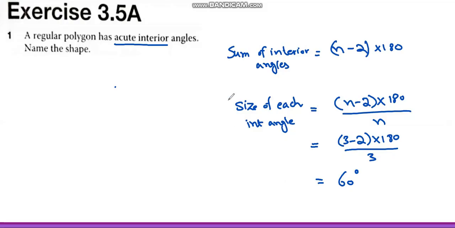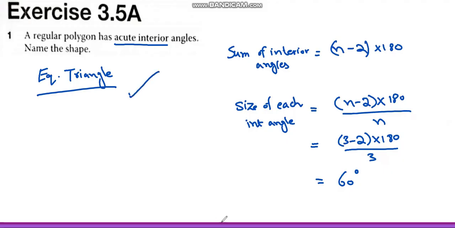But if we replace n with 4, a four-sided shape, all angles become equal to 90 degrees. That will not be the required answer. So the name of the shape should be equilateral triangle, which is a regular triangle. All angles will be less than 90, so all angles will be acute interior angles.